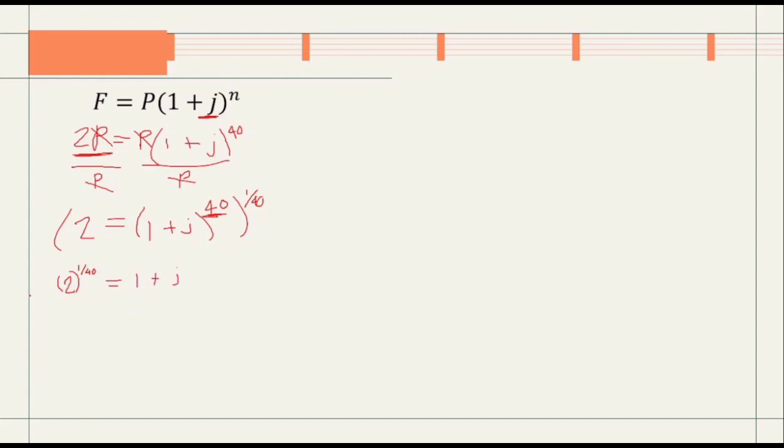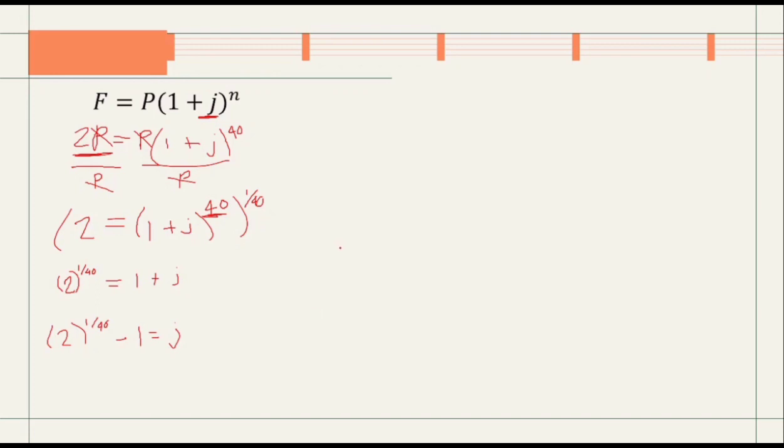Then transfer 1 to the other side. 2 raised to 1 over 40 minus 1 is equal to j. And then we simplify it.